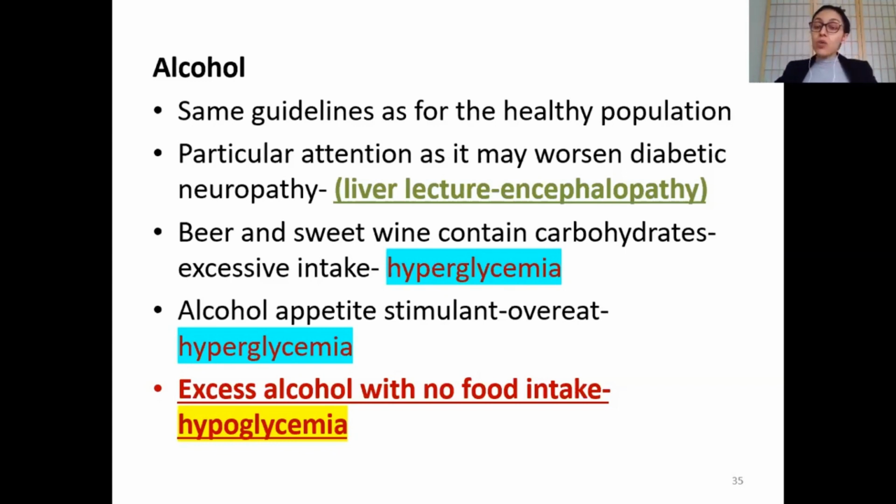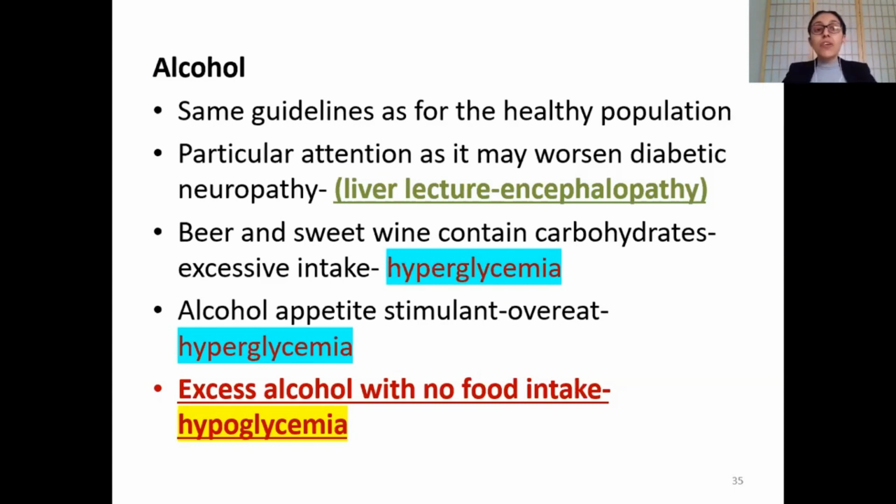Now, what is even more not advisable and more scary is hypoglycemia. Why? Because when you have a very low blood sugar level, this can increase the risk of the person going into coma and death as well. We will look into that.